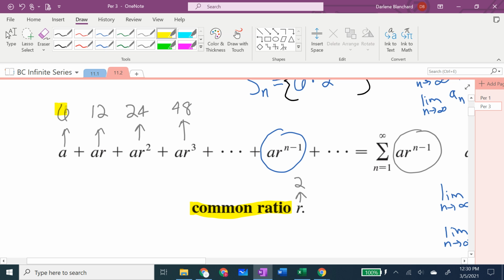So if my first term is 6 and my ratio is 2, then my next number is 12, 24, 48, and I keep going. You can see through common sense that if your ratio is larger than 1, that infinite series is not going to converge. It's heading to infinity.